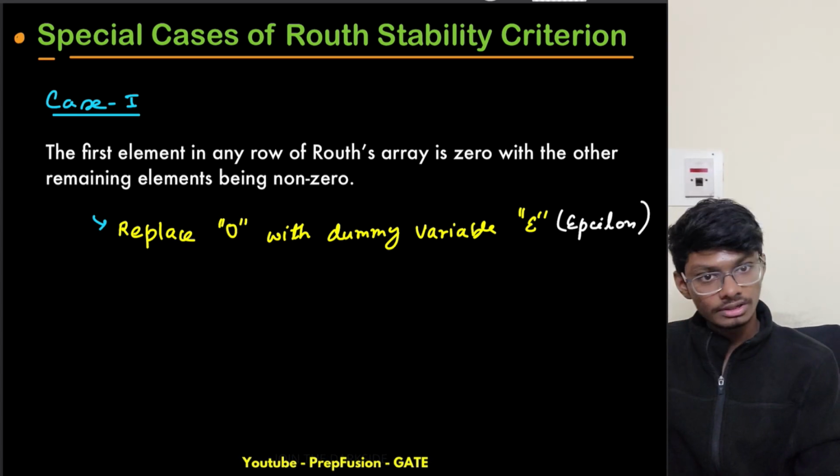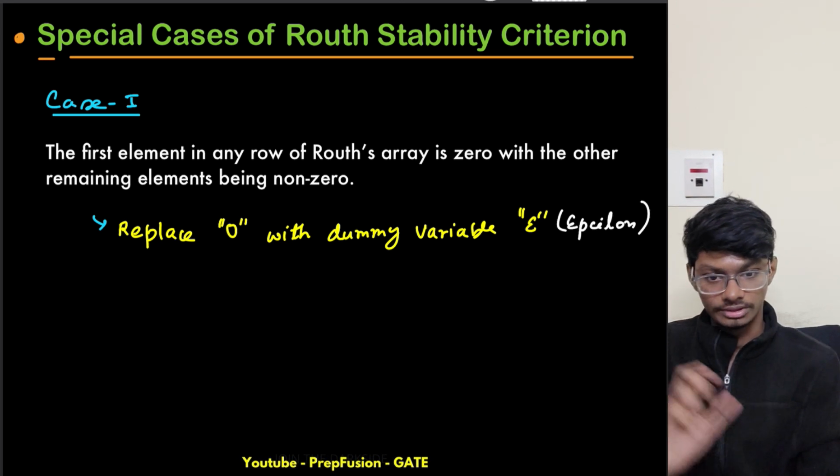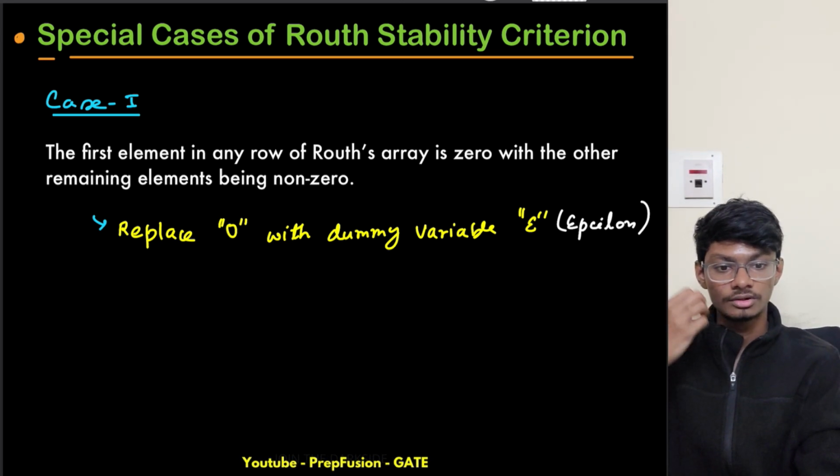We continue our computation of the Routh array with epsilon, and we assume that epsilon is a small positive real number.